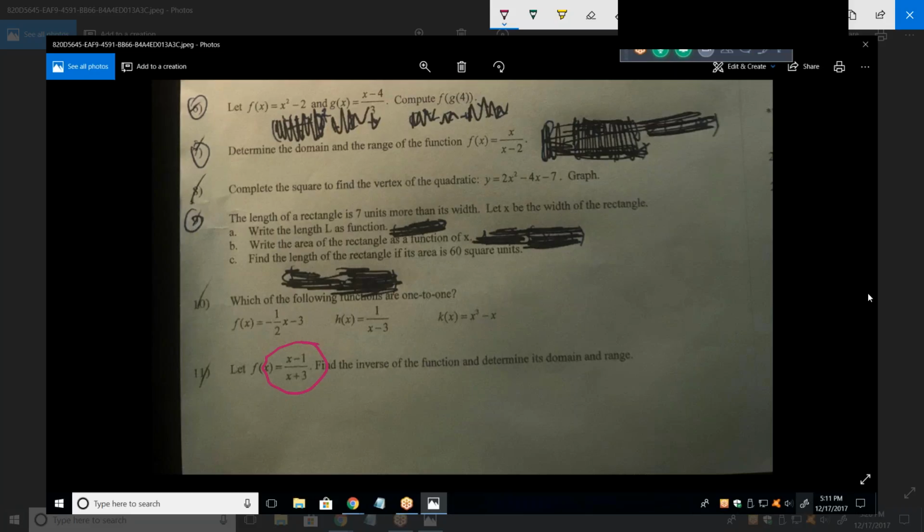At the ratio of the coefficients of the two highest degree variables in the numerator, which is x, and in the denominator, which is x. They're the same, so we take the ratio of their coefficients, which is 1 over 1. So our horizontal asymptote is going to be y equals 1.